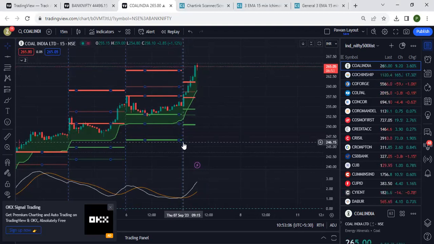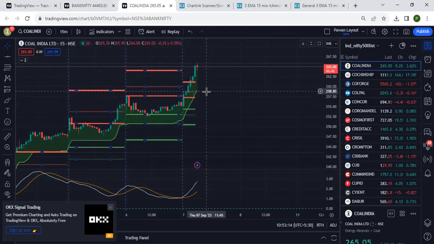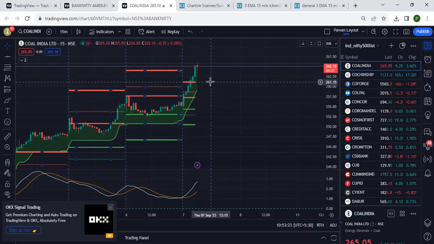So this is the entry price after waiting 15 minutes, and the 15-minute close is the entry price for this particular stock, that is 258.10, and the target is 261.15 on the intraday basis.